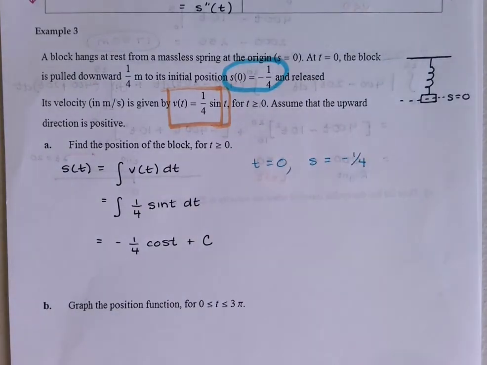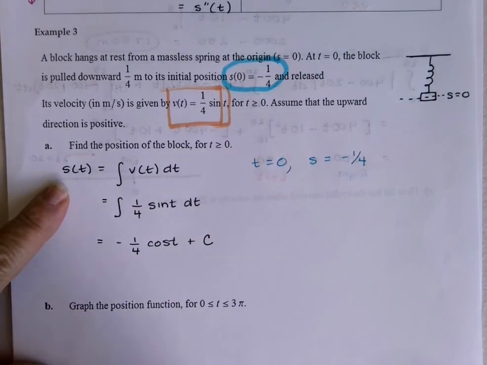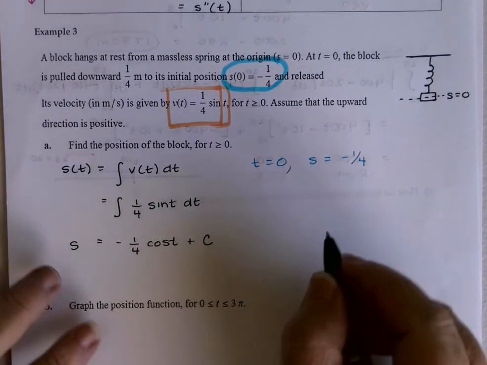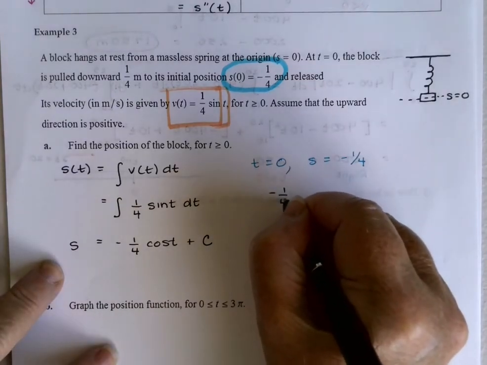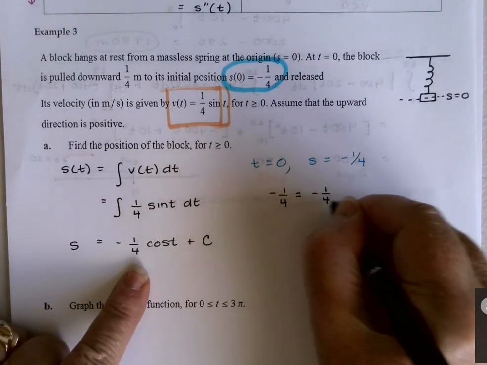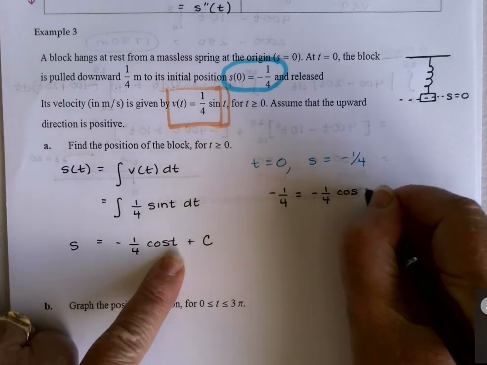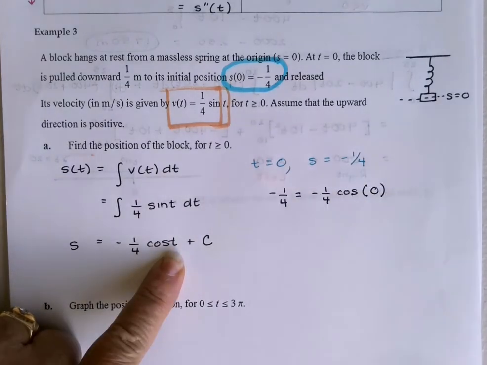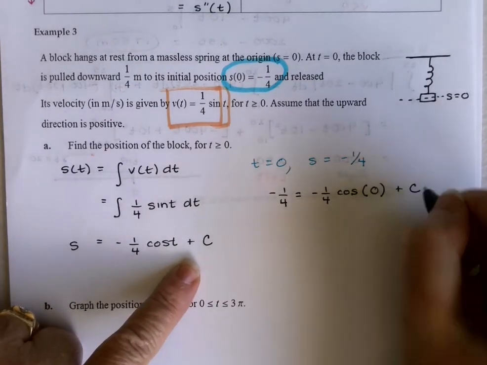So I'm just going to plug that information into my equation here. This is our s. S is negative 1/4, and that has to equal negative 1/4 cosine t. T is 0. Plus c.